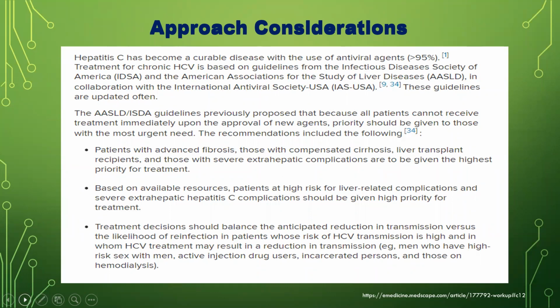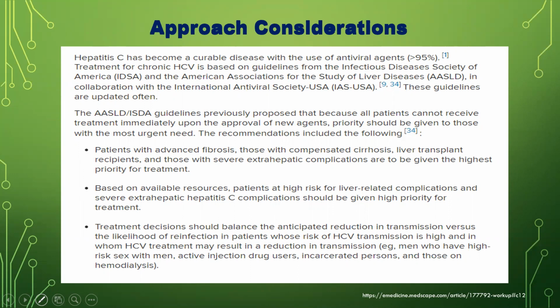Hepatitis C became a curable disease with the use of antiviral agents. Treatment for chronic disease is based on guidelines, and they are updated very often. It was previously proposed that, because not all patients can receive treatment immediately, priority should be given to those with the most urgent needs.